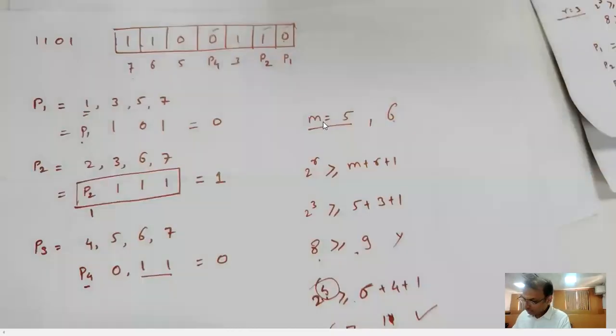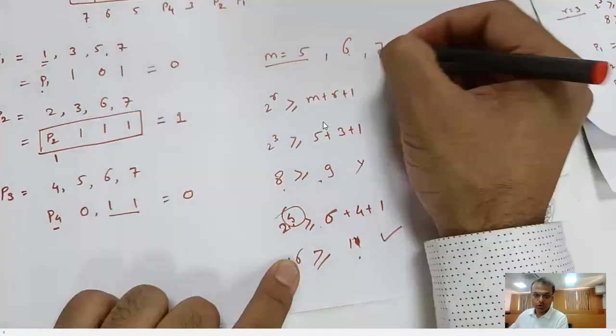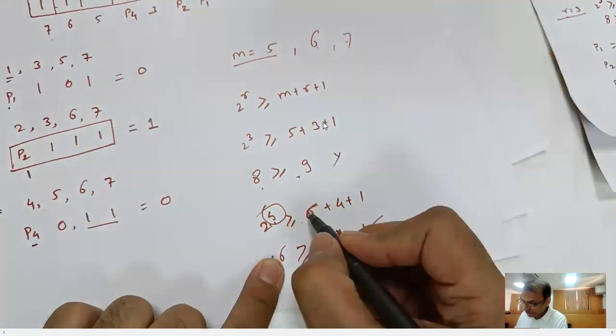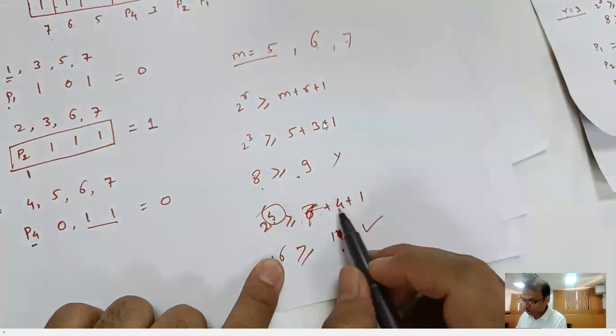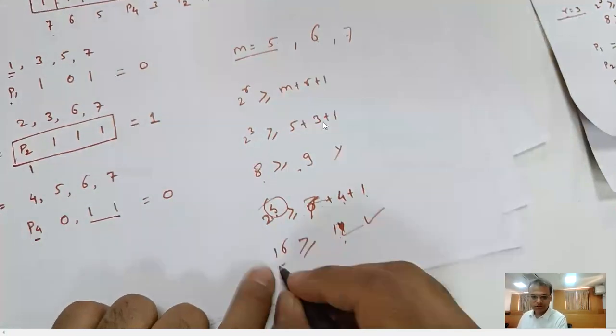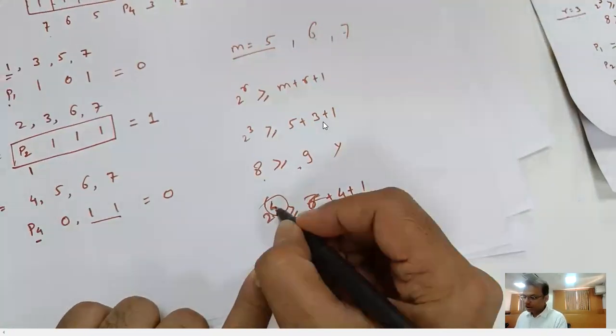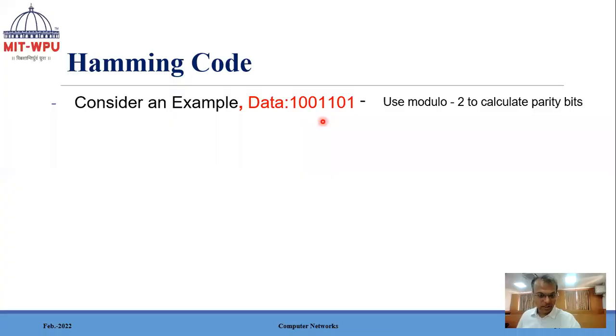For 5, 6, this calculation will be okay for 7 also, because if you put the 7 value here, 7 plus 4 plus 1 is 12, which satisfies this equation. So 4 is the number of redundant bits in case of 7 bits of data.